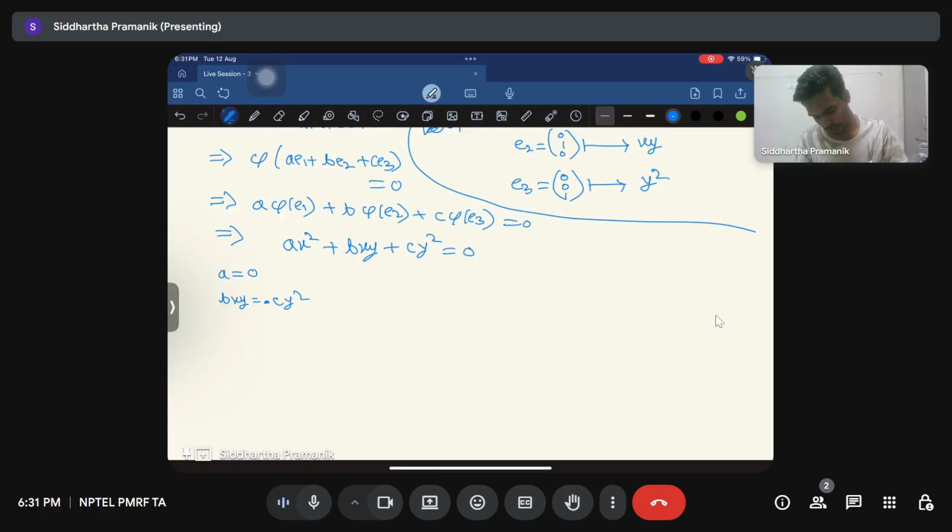So this is an equation in R, and R is a UFD. So what can you say about b and c? We take b equals y and c equals x. Then you can see that this equation will be satisfied.